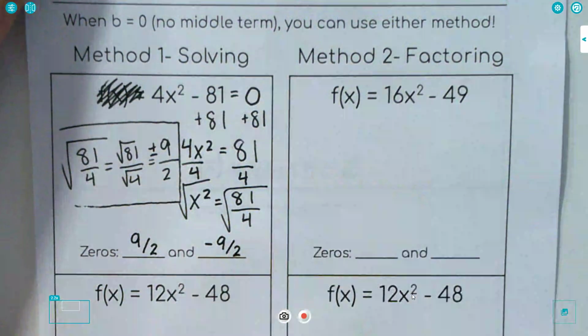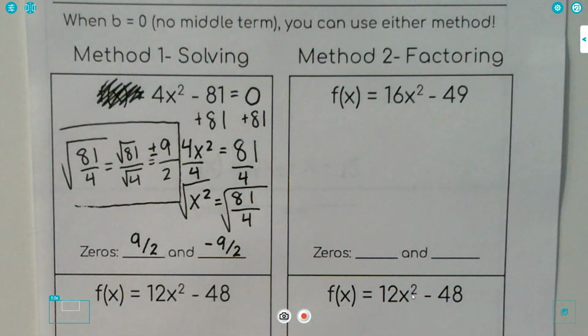And we are going to leave them as fractions. Because like yesterday, if we would have just had the square root of 81, we would have just said plus or minus 9 would be our answers. So today, it's the fractions, still plus or minus.